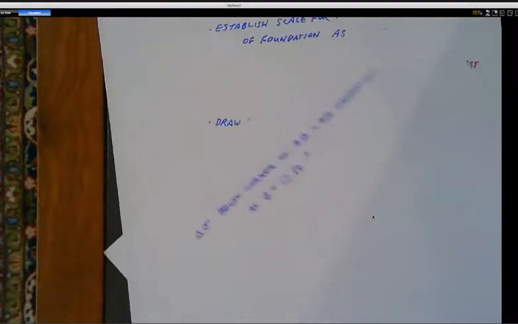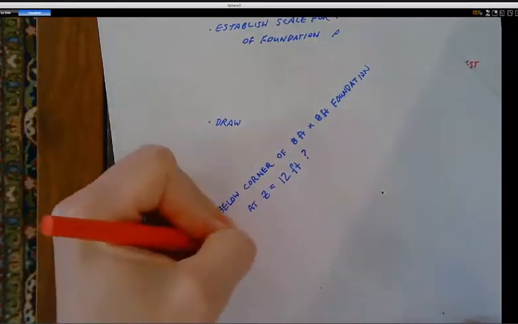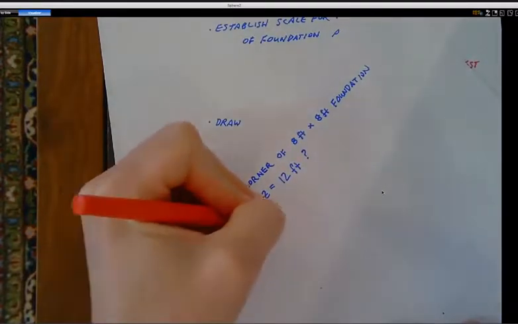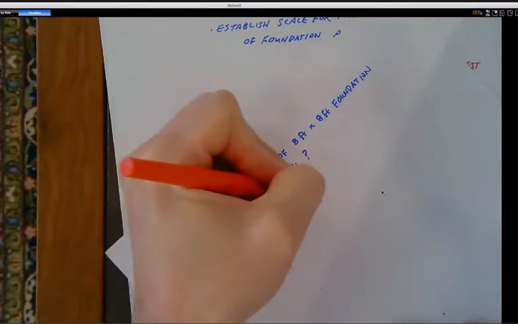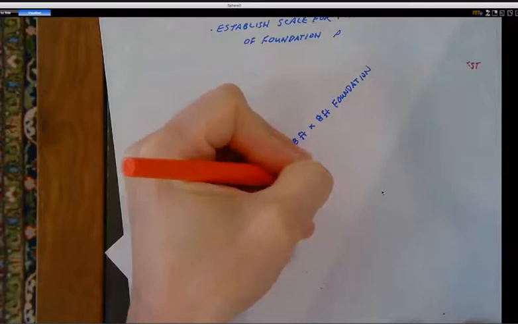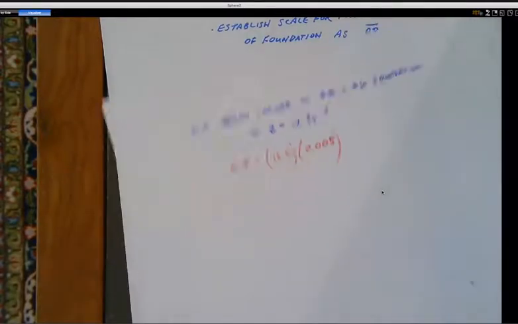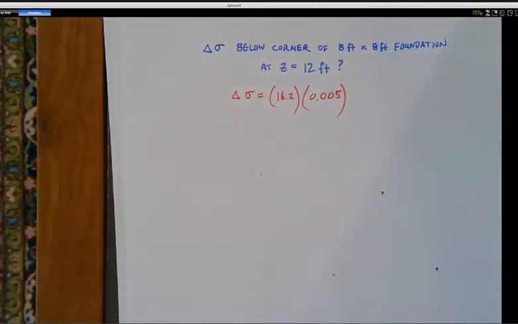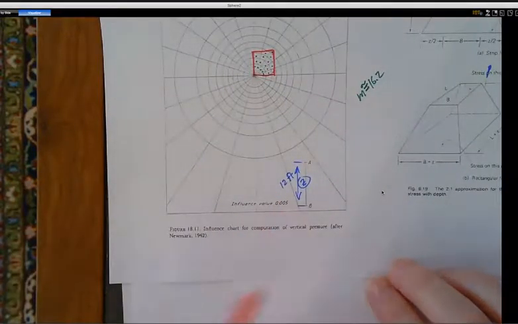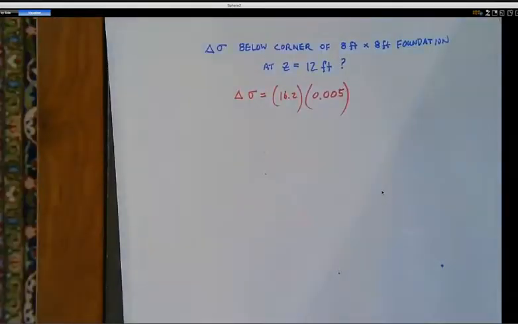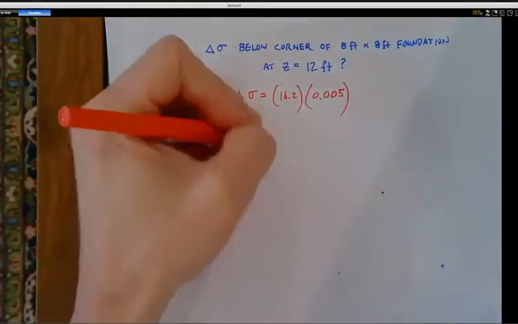So delta sigma is 16.2 times 0.005. That is the published value on that chart. Okay. And I knew that without looking because it's a fairly common number for these Newmark charts. Most of them have that number.